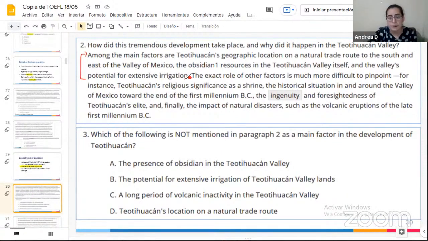It's not in the entire paragraph. So usually you will have something like that. I'm not saying always, but usually. So make sure that you narrow your information down. You're careful with those quantifiers. And I would say that this one is one of the easiest ones. To be honest, you just have to basically go one by one until you find the one that's not there.